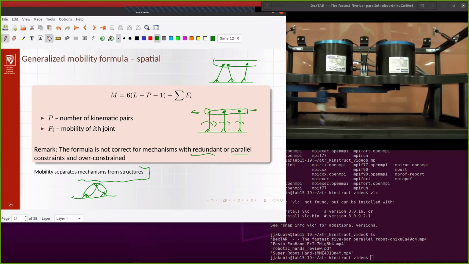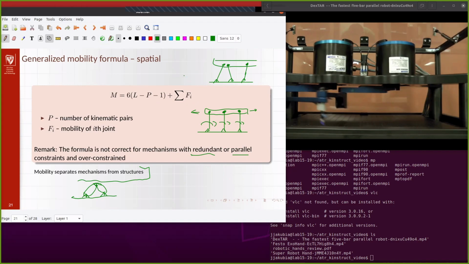If the lengths of these links here are the same and they are placed symmetrically above, then we will keep this 1 degree of freedom motion of the top block. When the lengths are different, we will have 0 degrees of freedom.